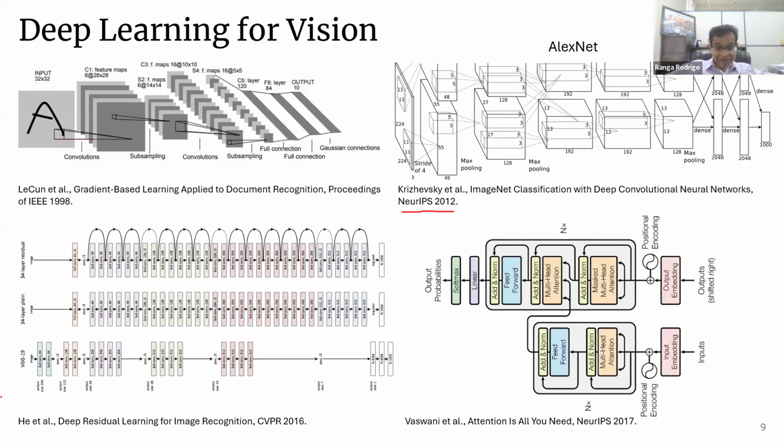Then after that, there were some other contributions. So maybe we jump to 2016. In the 2016 CVPR conference, Kaiming He and others, from Microsoft, understood how to deepen these networks. If you look, this network has, I think, 5 layers. This network has 8 layers. You can just count them.